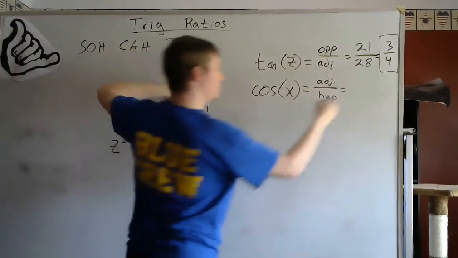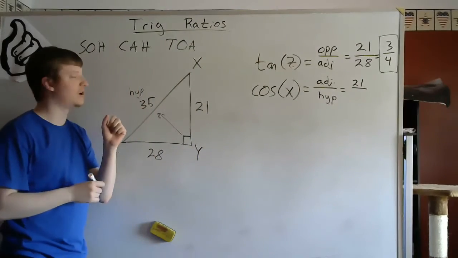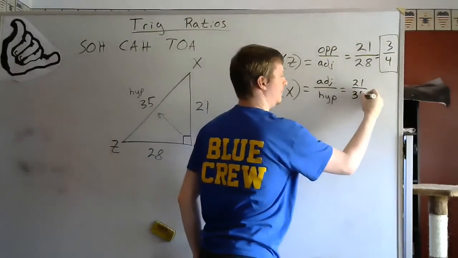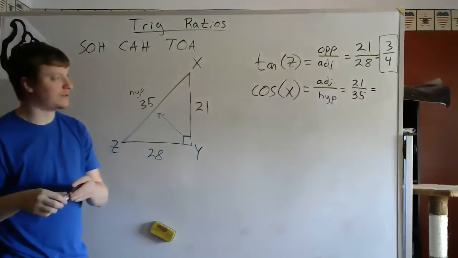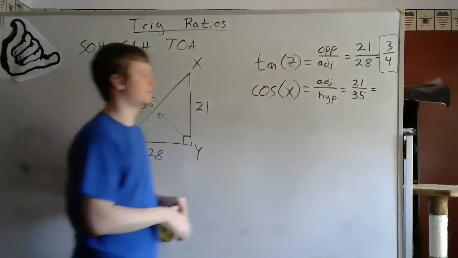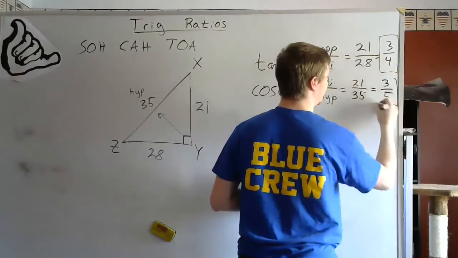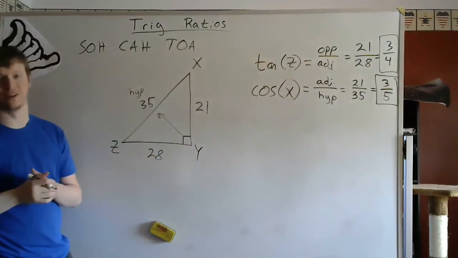The 21. Again, not the 35. The 35 is the hypotenuse. Speaking of, I want the hypotenuse here, so 35. 21/35. Again, both of these divisible by 7. So divide by 7, and I've got 3/5. The cosine of angle X is 3/5 for this example.